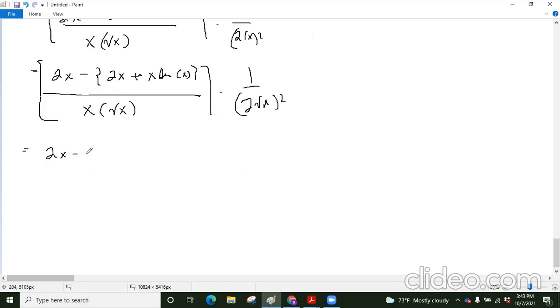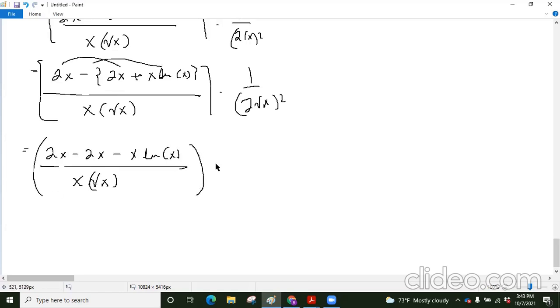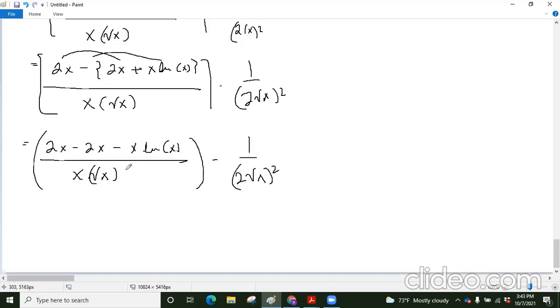So 2x minus 2x minus x ln of x, distributing the negative here. And then x under root x times 1 over 2 under root x squared. These 2x's cancel out.